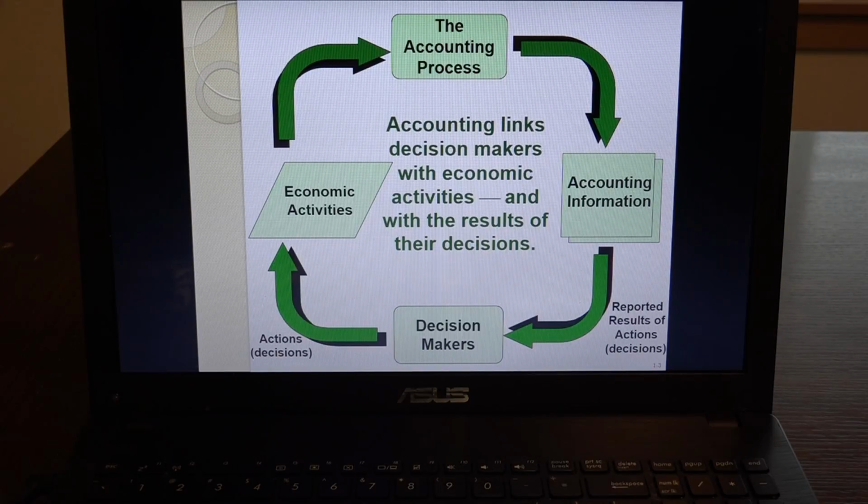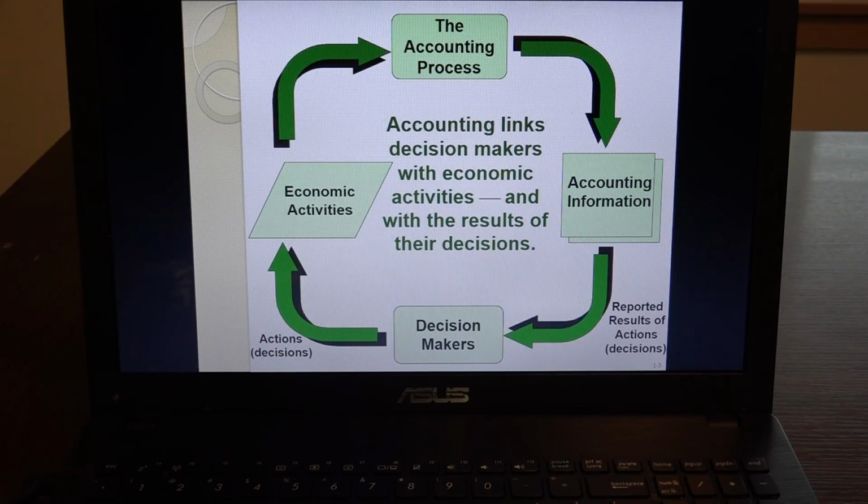The whole idea is to take this accounting process, and the output of the accounting process is accounting information, whatever that might be, and there's all types of accounting information involved.